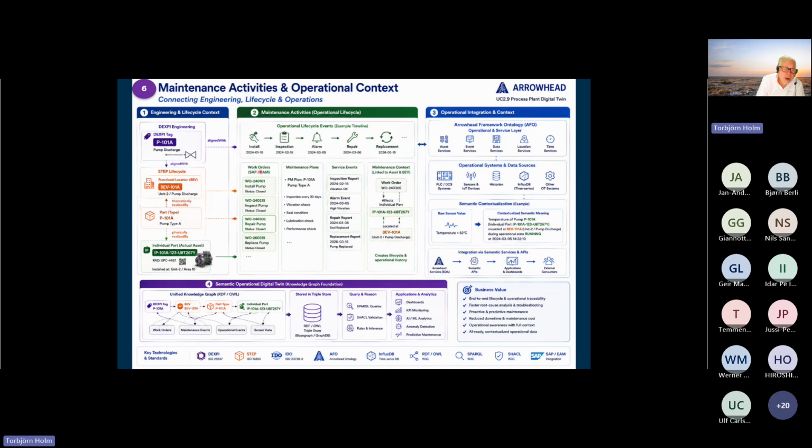We create work requests from the Arrowhead system with the sensors and the OPC UA signals, and then we check the signals coming, the sensor readings, and we look for whether they are inside or outside threshold, or if they are low, or if the trend is going in the wrong way or so.